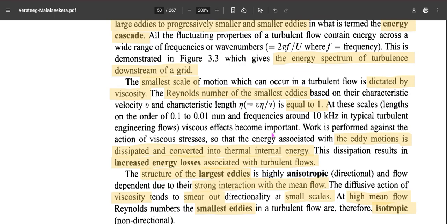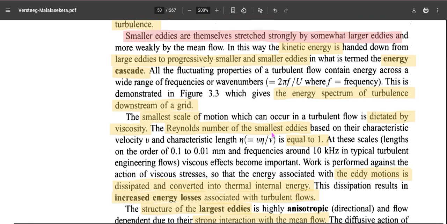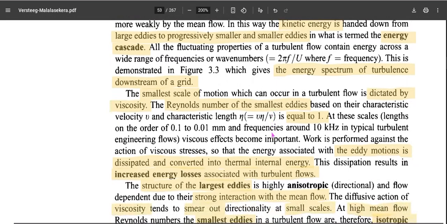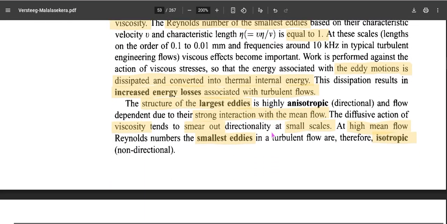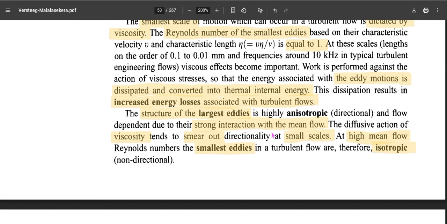Due to the fluid flow from one direction to other directions, there will be a stretching phenomenon. In the flow direction it will be more stretched, and in the perpendicular direction there won't be much stretching. Because of this effect, the large eddies are usually anisotropic in nature, but the small eddies are related to energy loss.